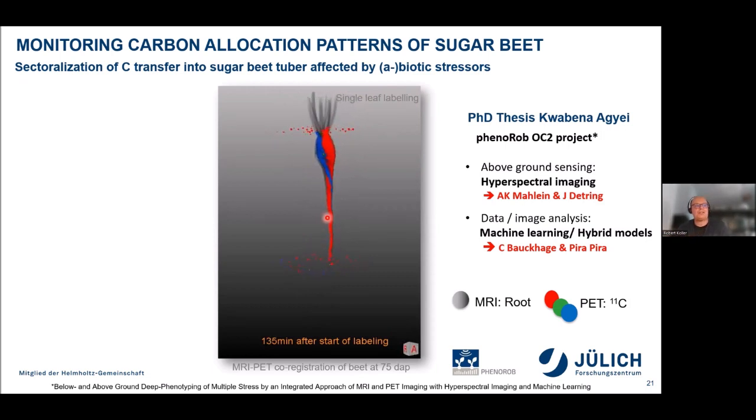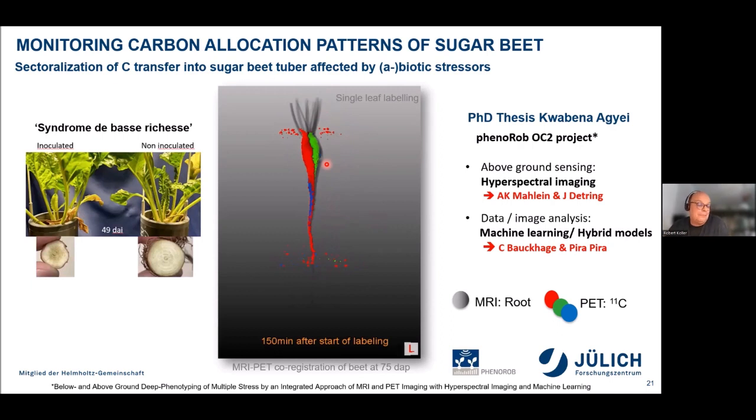The challenge now is that with Ann-Kathrin and Justus, we are trying to understand how the plant responds on the shoot level to a biotic stressor, and we are investigating how this allocation pattern changes according to a biotic stressor which is affecting the phloem transport in the sugar beet.